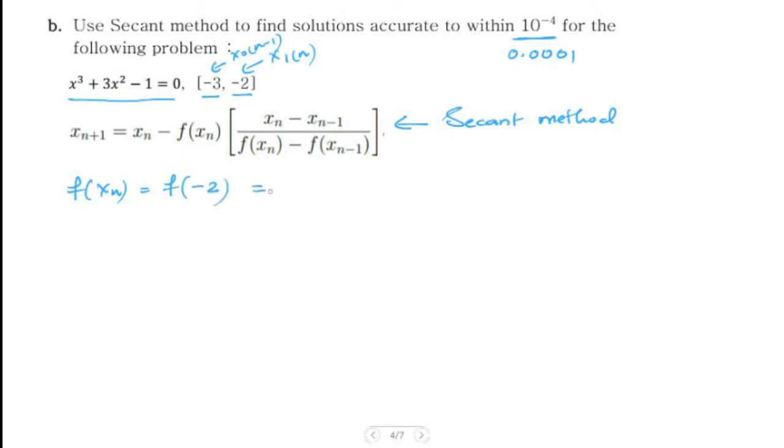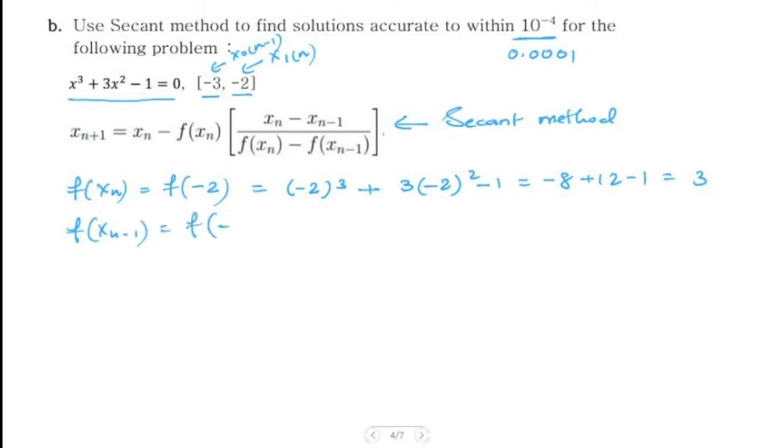So f of minus 2, using our function, is minus 2 cubed plus 3 times minus 2 squared minus 1. So we have minus 8 plus 12 minus 1, which is equal to 3.